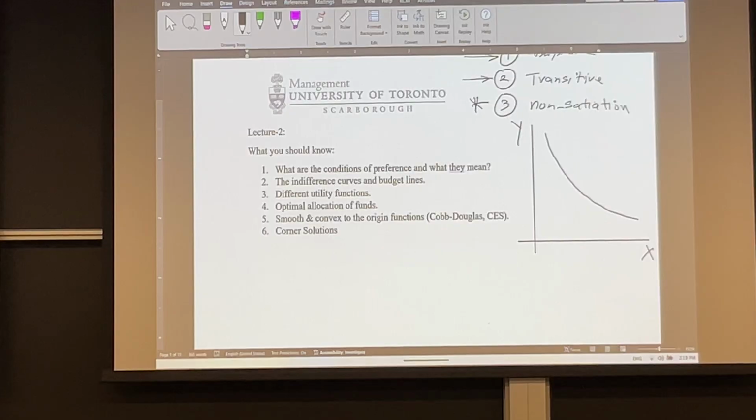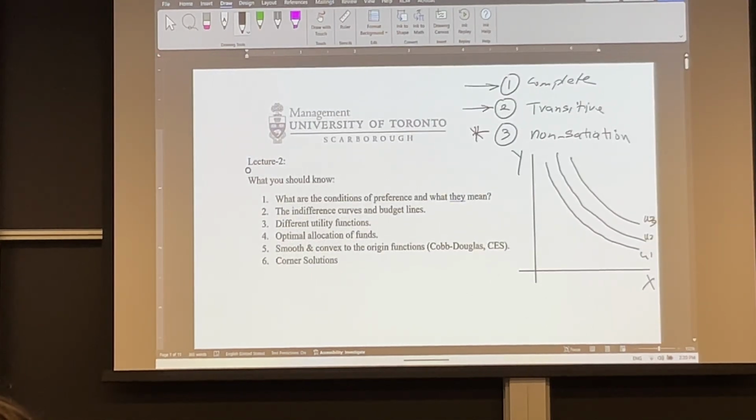Now, if you graph the levels of satisfaction, to the right, it should make you happier. If you graph the indifference map, levels of satisfaction, to the right, it should make you happier. Which one of those three gives you that?